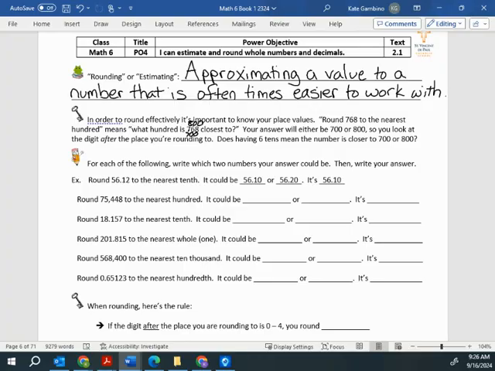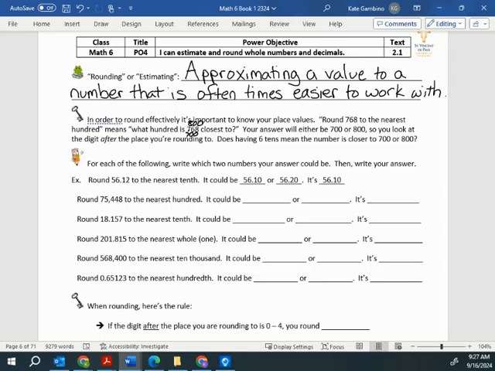There's a 68. Is that going to be rounding up or rounding down, Adeline? How do you know it's rounding up? Yeah. If it's 5 or more, up you go, right? 5 or more, we round up. 4 or less, it would stay the same.